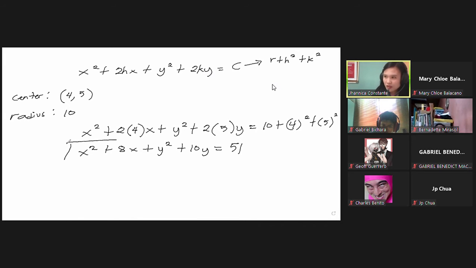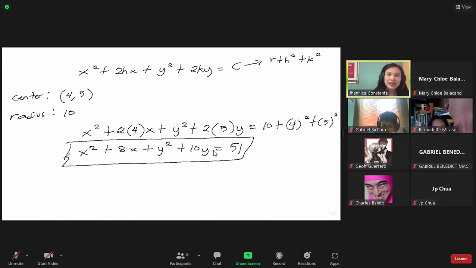So this is the expanded form of the equation of the circle with a center 5 and a radius which is positive 10. Okay, question and writing for the expanded form of the equation.